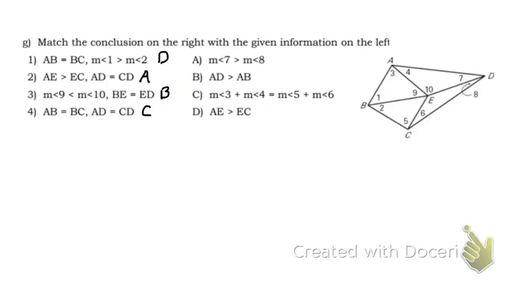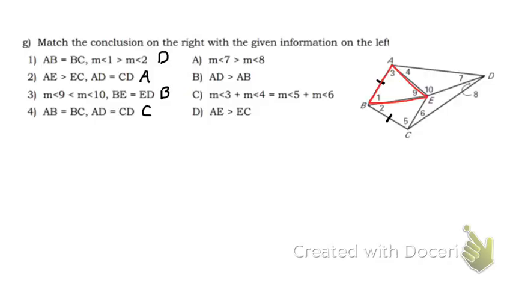Number 1. Okay, so it says AB is congruent to BC. So we'll go on here and say AB is congruent to BC. It also says that angle 1 is bigger than angle 2. Well, if we look at the triangles formed, I have this one triangle.